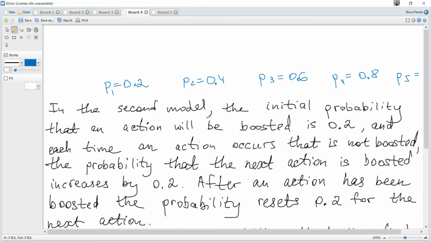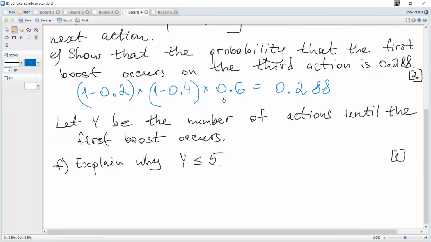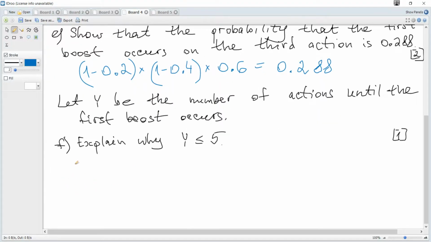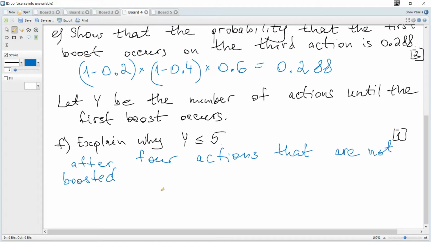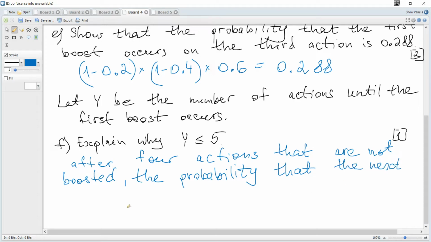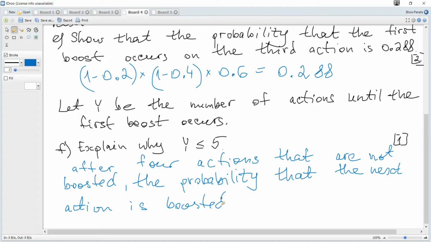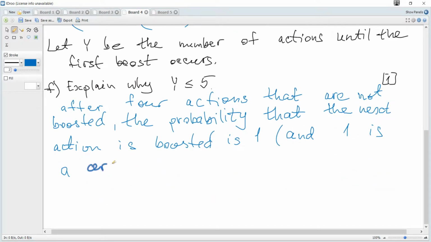So you should answer, or you may say the next, that after 4 actions that are not boosted, the probability that the next action, it's actually the 5th action, is boosted is 1, and 1 is a certainty.